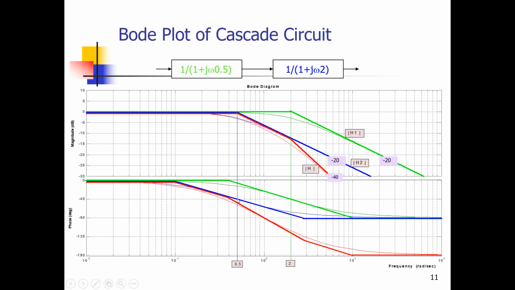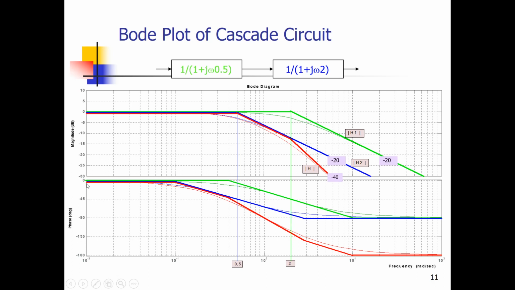And we can draw a line between the crossover frequency divided by 5, which is 0.5 divided by 5, which is 0.1 over here, and the frequency of 0.5 times 5, which is 2.5, which is somewhere here between 2 and 3. So these are the points from my phase characteristic.